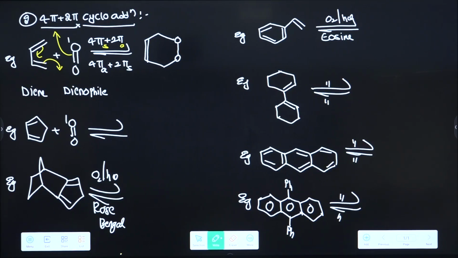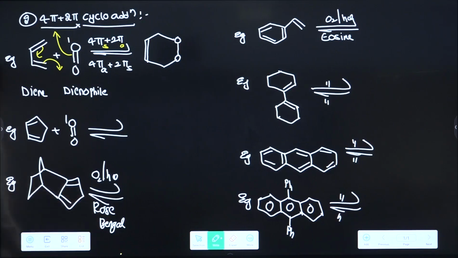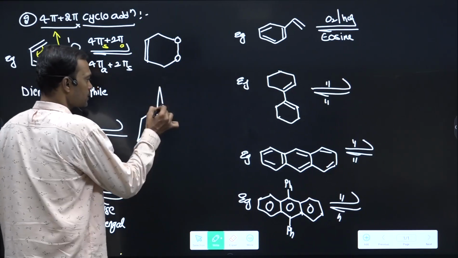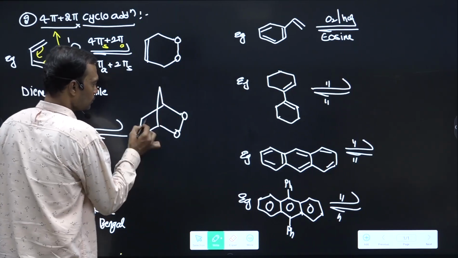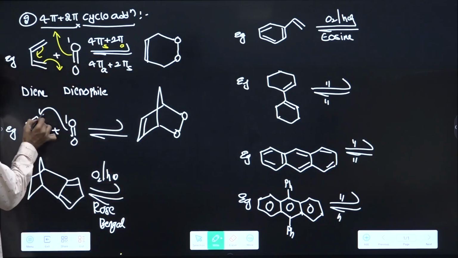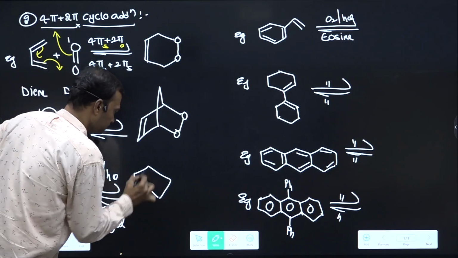In examination they will give like this. Photo Diels-Alder, photo oxidation. Diels-Alder, now it is oxidation. Diene will get oxidized. So what is your answer? Can I write like this? In interconversion this reaction is important. So this will attack here, this will migrate and this will transfer. And here also remains the same.